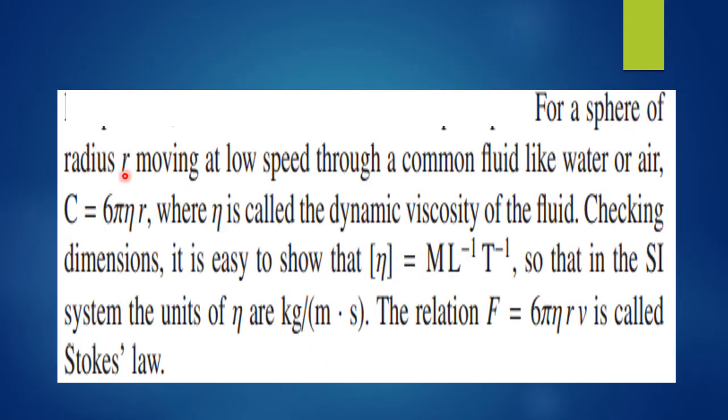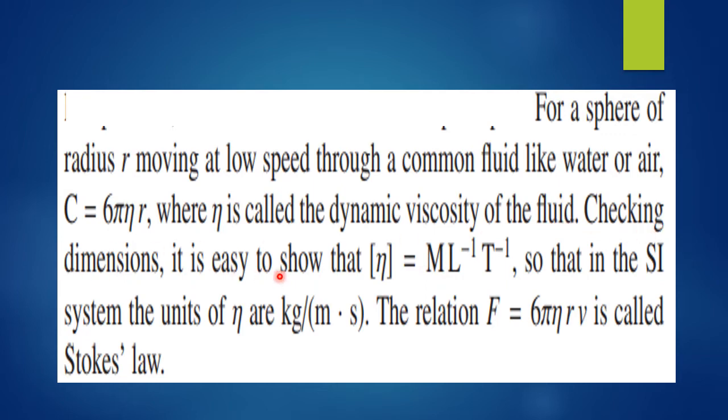For a sphere of radius r moving at low speeds through a common fluid like water or air, the value of C is equal to 6 pi eta r, where eta is called the dynamic viscosity of the fluid.